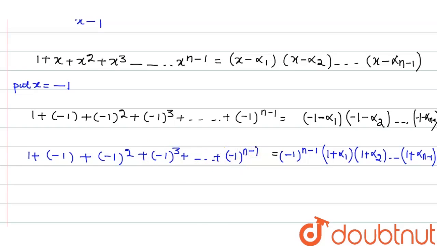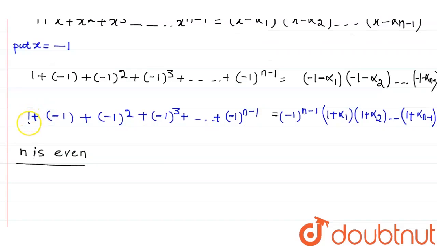Now, if n is even, the terms cancel in pairs, so the sum becomes 0. The last term is minus 1 to the power n minus 1, which is negative, and before it the term minus 1 to the power n minus 2 is positive, so they cancel out.